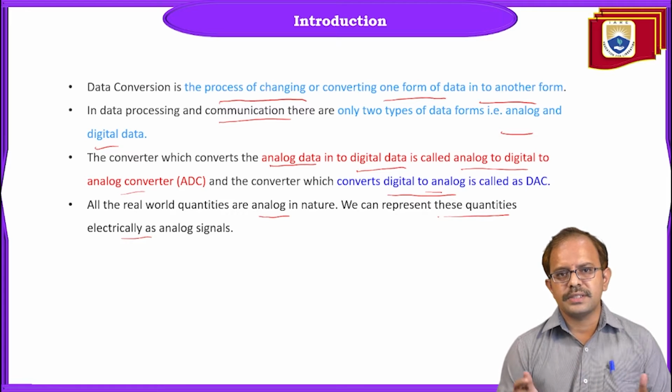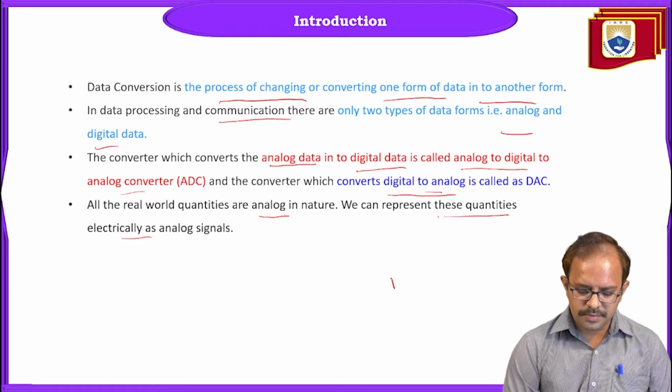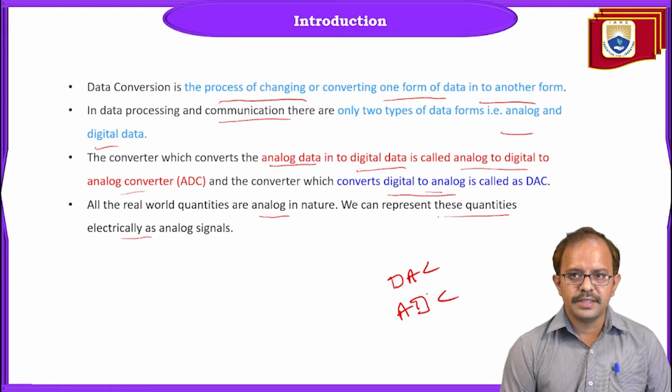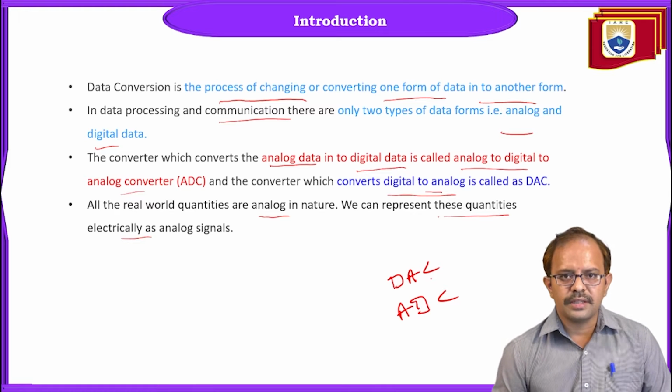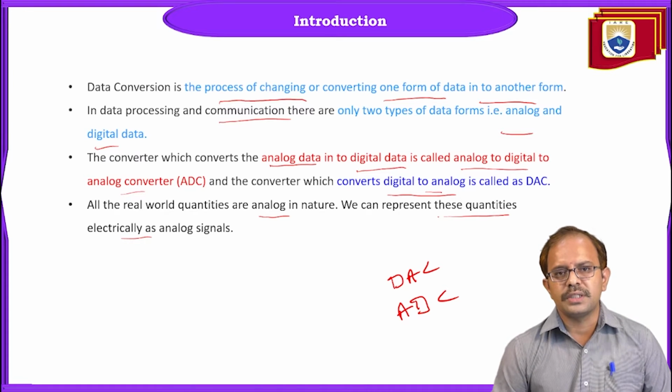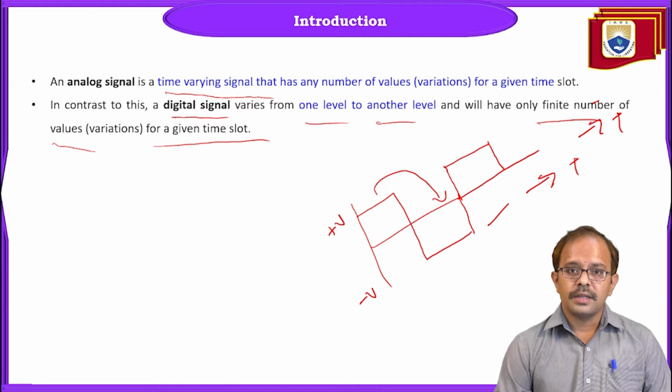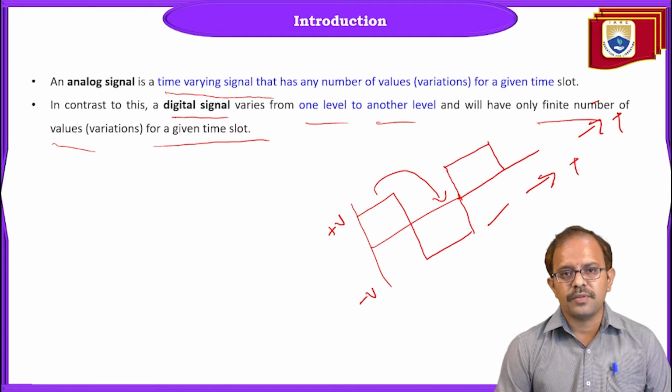One is DAC, which performs conversion of digital data to analog data, and another is ADC, which converts data from analog form to digital form. We have seen the reasons and need why we perform data conversion in real-world applications.